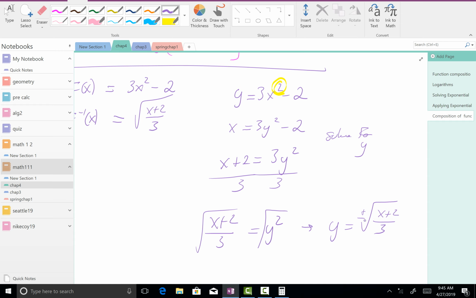So keeping that in mind, let's go back to this. Get rid of that for a second. There's a test we can use to see if the original, that would be the red function here, actually has an inverse that gives us a function right away.